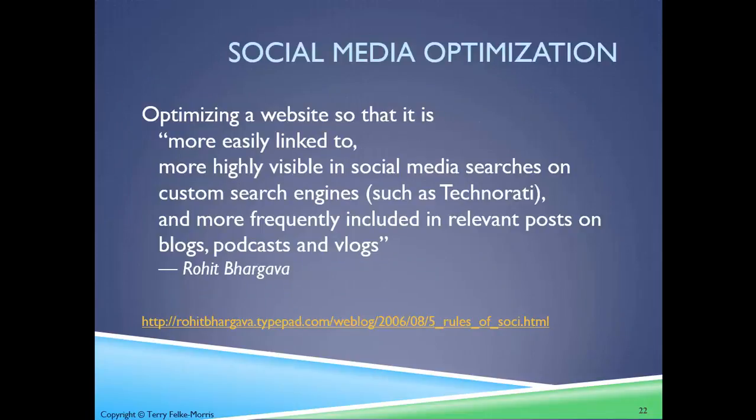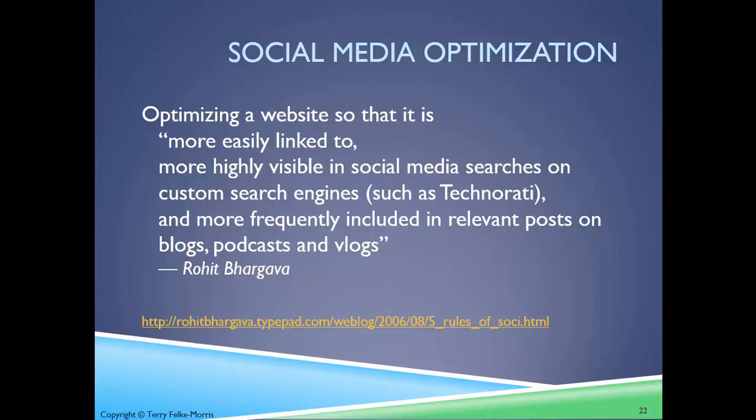Social media optimization. Well, the way that things work today, as many people find businesses through Facebook or some similar mechanism, Twitter or whatever, as they do any place else.